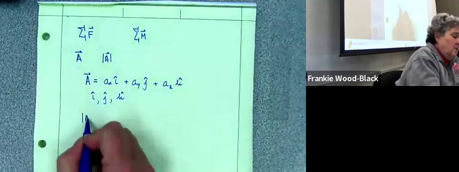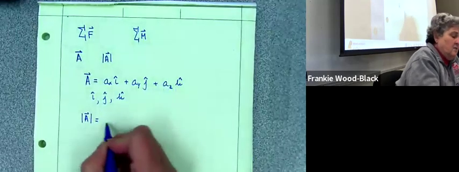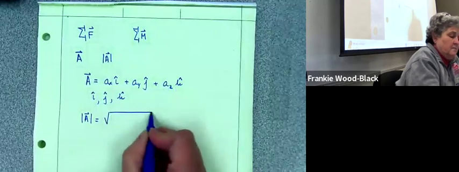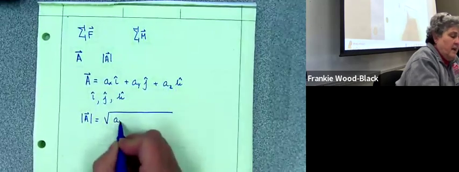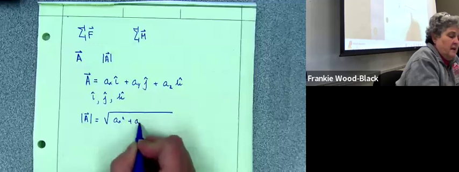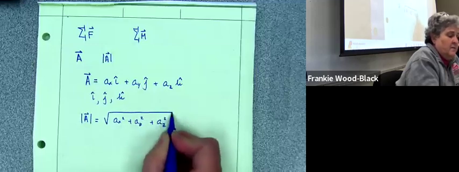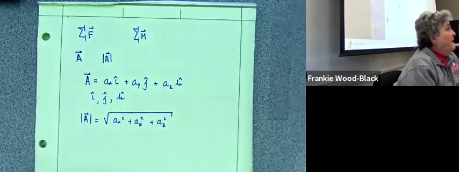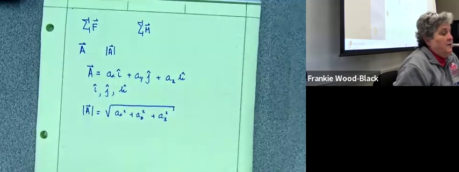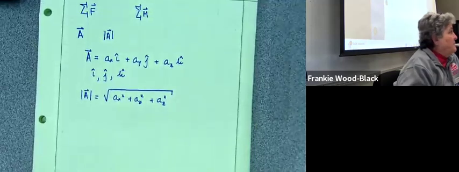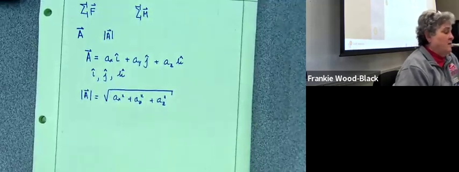The magnitude of A is going to be the square root of Ax squared plus Ay squared plus Az squared. For right now, I'm not going to focus on dot products or cross products yet. We'll get to those later.